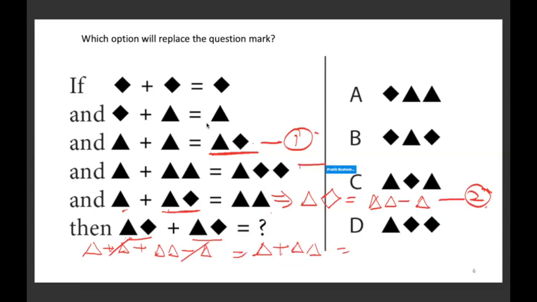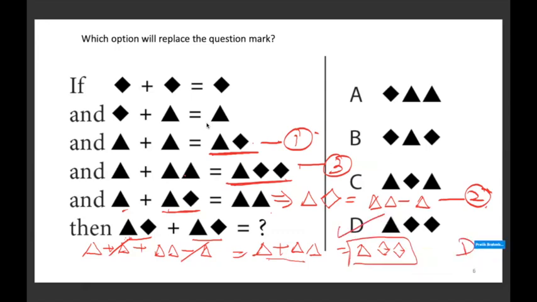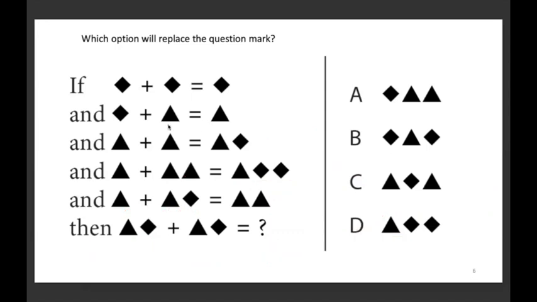And based on this 3rd equation, which we are seeing here, we can find that these two are the same. This what we get here and the 3rd equation are the same. Hence, the correct answer for this will be triangle, diamond, and diamond, which is option D. So D is the one which is correct here. Okay. We'll move to the next one.